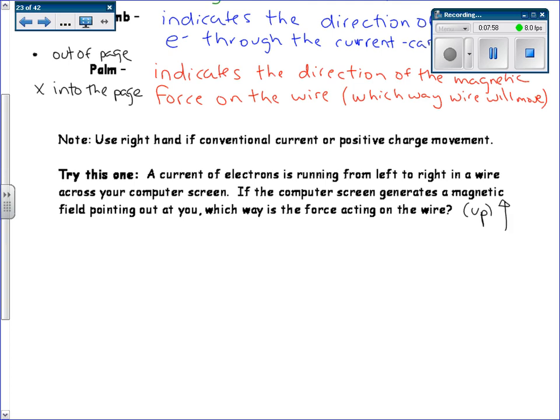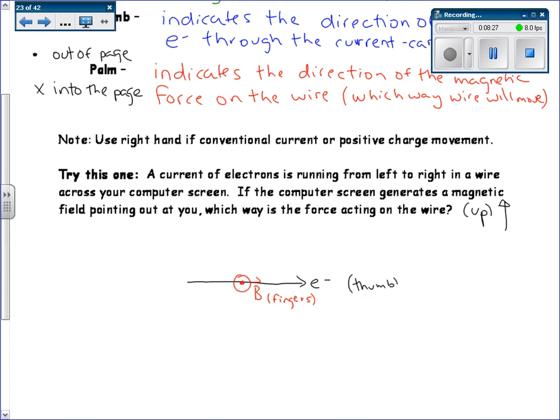So if we have a current of electrons running from left to right in a wire, so there's our electrons running from left to right, that's my thumb pointing from left to right. The computer screen generates a magnetic field that points out at me, so that's out of the page. So this is my fingers, this is my thumb.